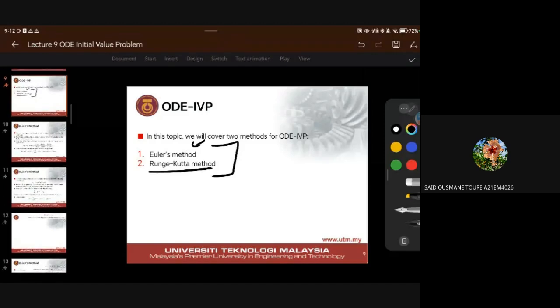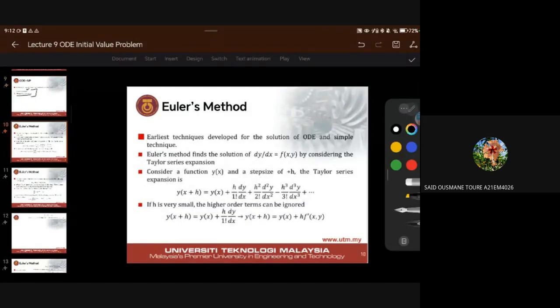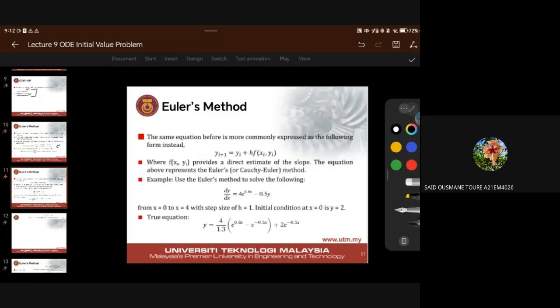For Euler's method, this is just how they came about the equation, so don't really mind it too much. But what it states is that y of i plus 1 equals yi plus h f of x, yi. What does that really mean?